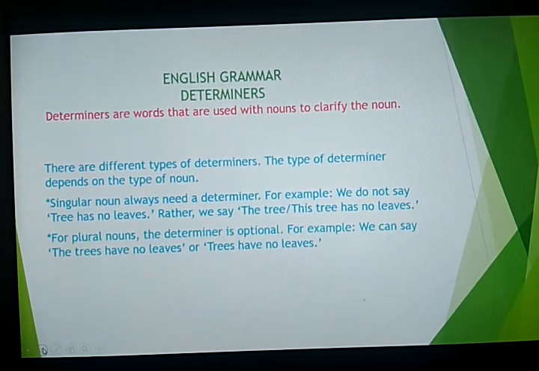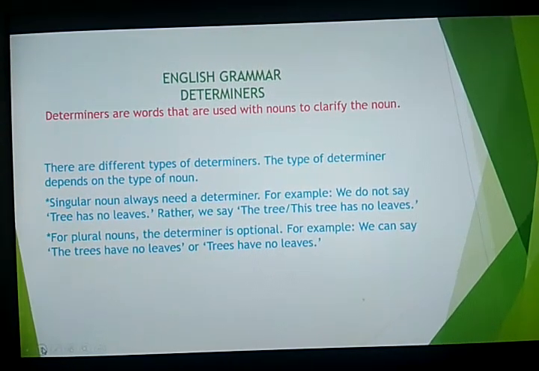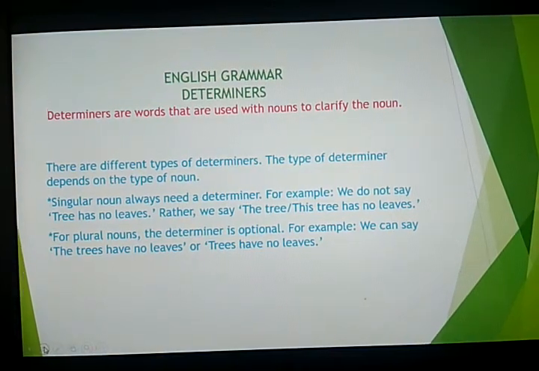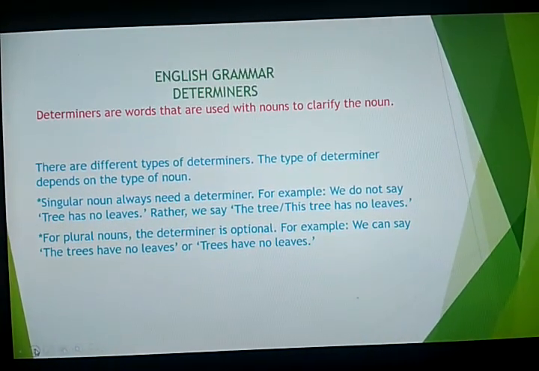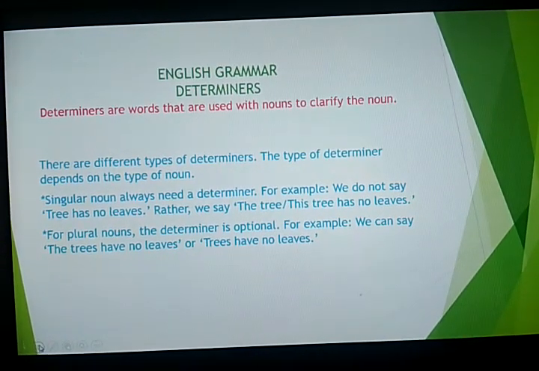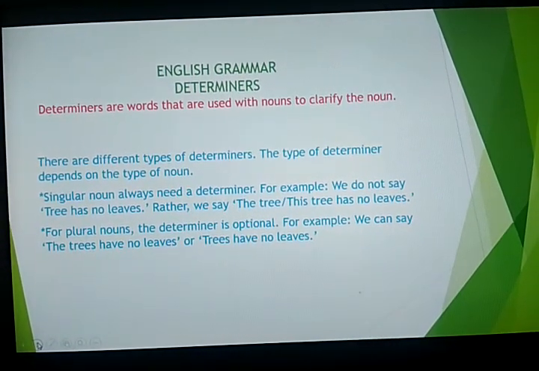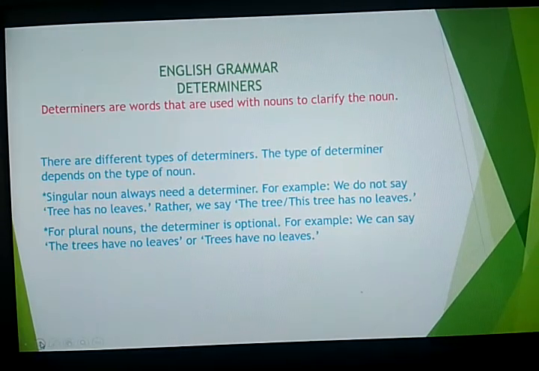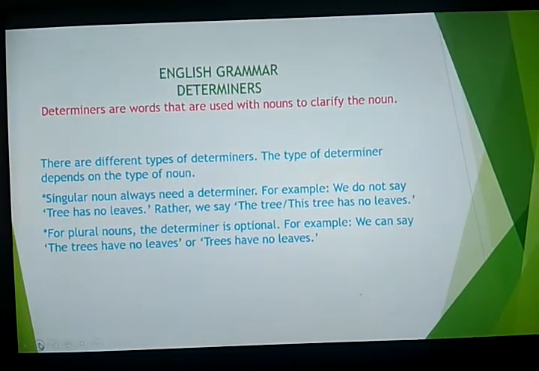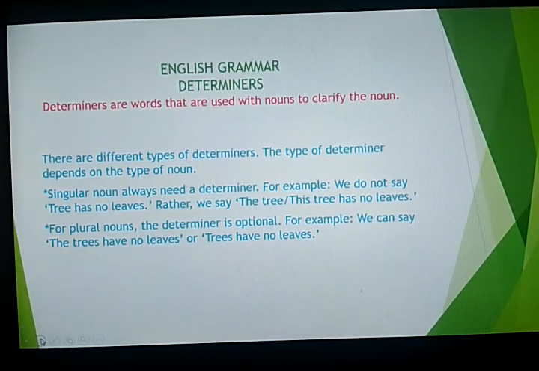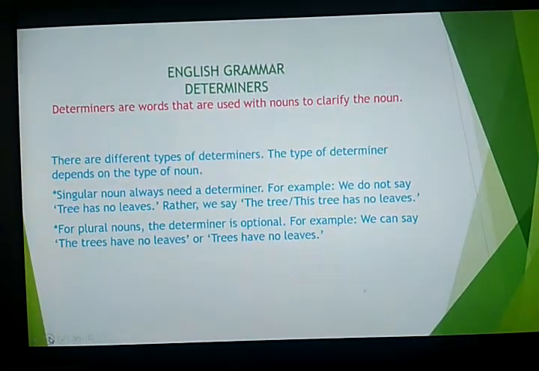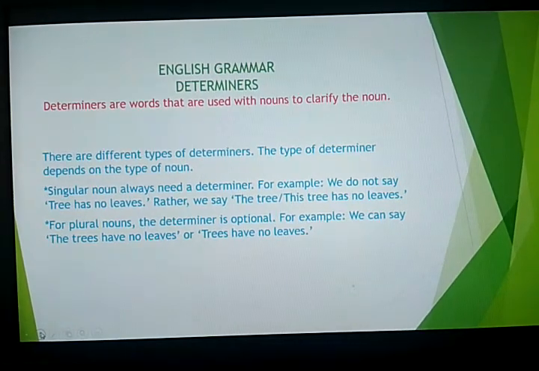Now next, for plural nouns, don't get confused. First one, singular nouns always need a determiner. And now for plural nouns, the determiner is optional. We can say it with the determiner or without the determiner. For example, we can say "the trees have no leaves," or "trees have no leaves."